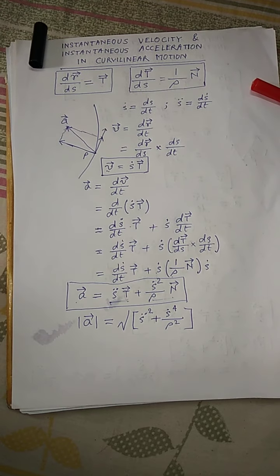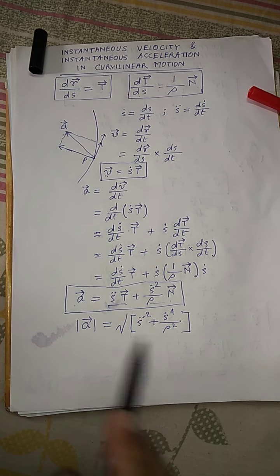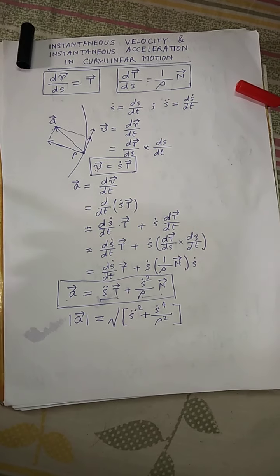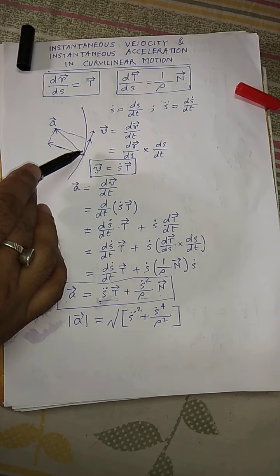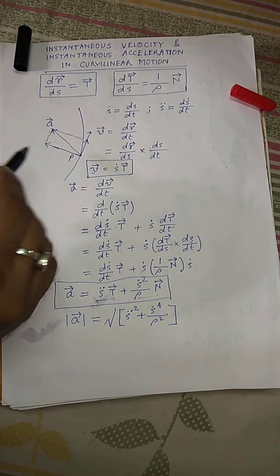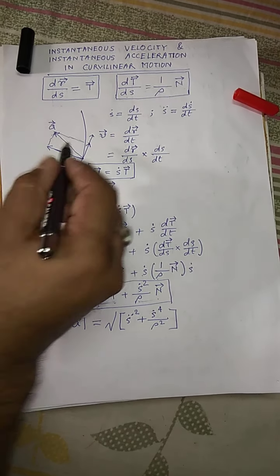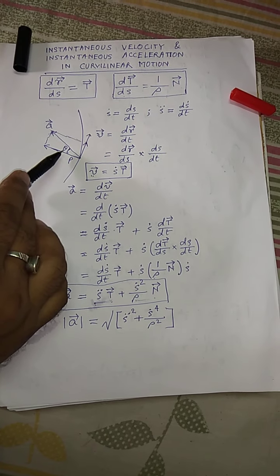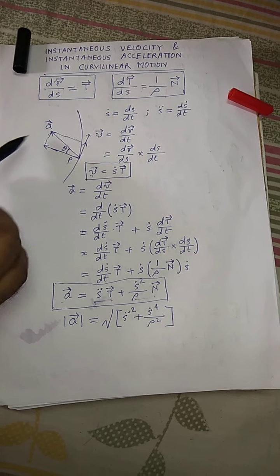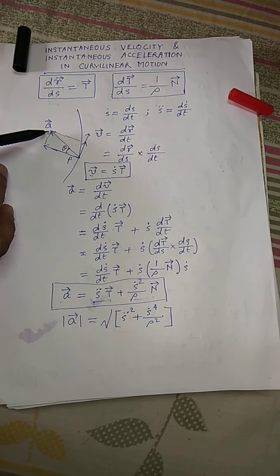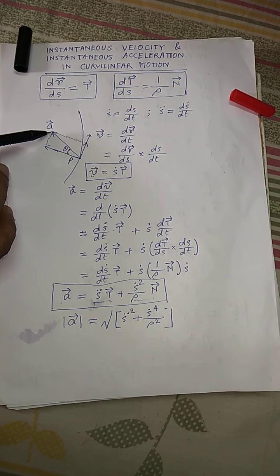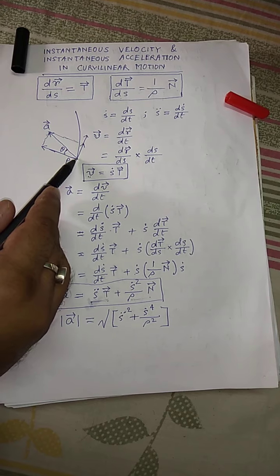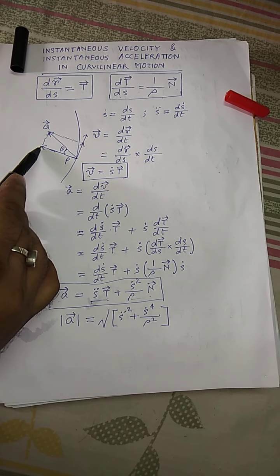Now let's find the direction of the instantaneous acceleration. From the diagram, we see that the instantaneous acceleration of the particle makes an angle theta with the normal, and the tangent of the angle theta is equal to the magnitude of the tangential component of the acceleration divided by the magnitude of the normal component of the acceleration.